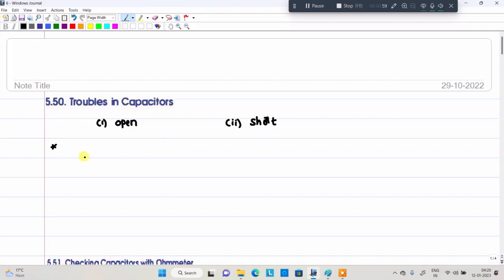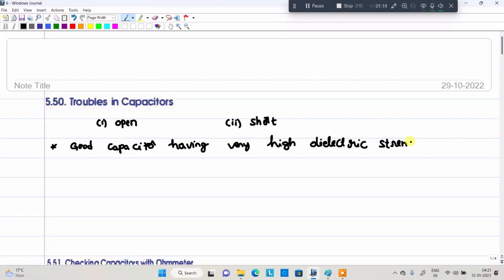Whenever it has a very high dielectric strength, the internal resistance of the capacitor will be 500 to 1000 mega ohm. Then it is a good capacitor.